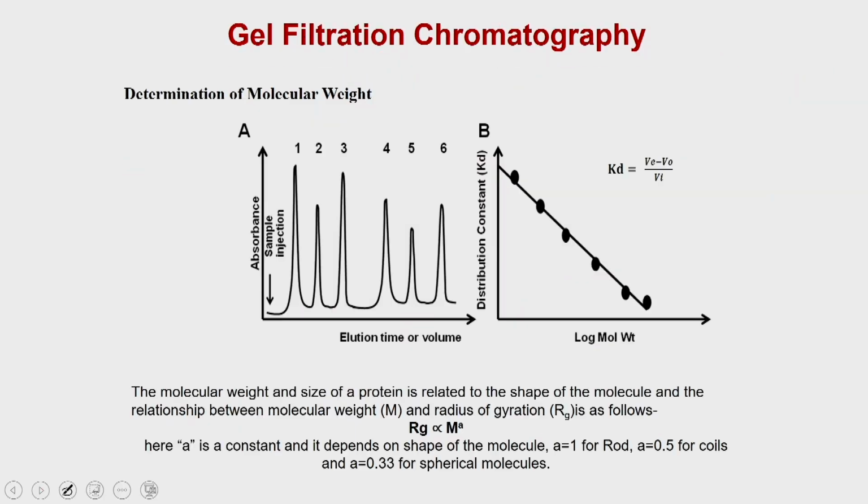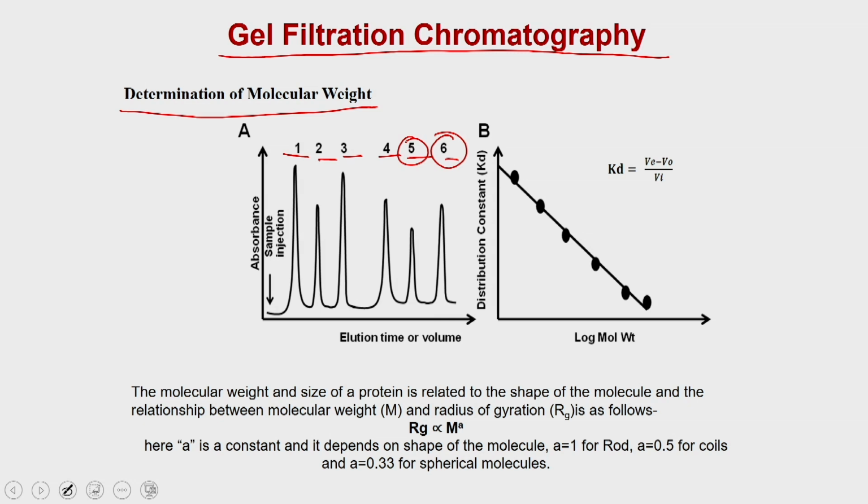So, we discussed how you can use gel filtration chromatography to determine the molecular weight. In this example, you first run proteins of known molecular weight, for example these 6 proteins, and you calculate the elution volumes.